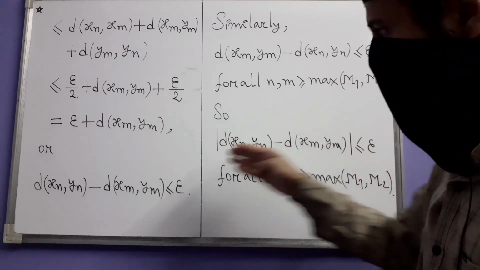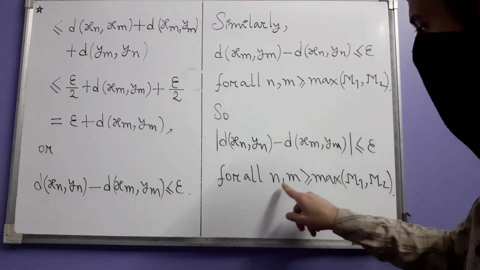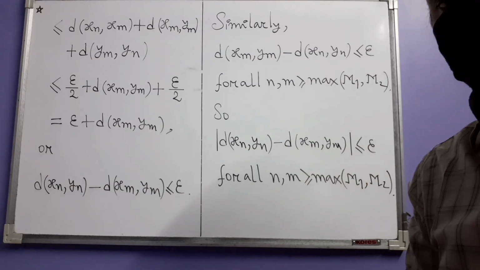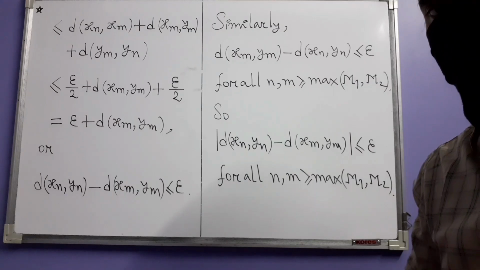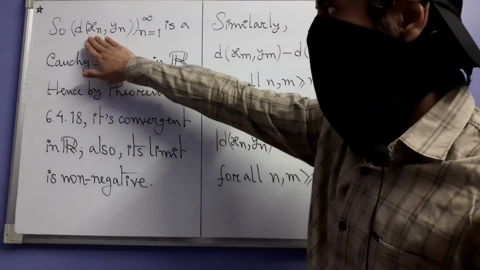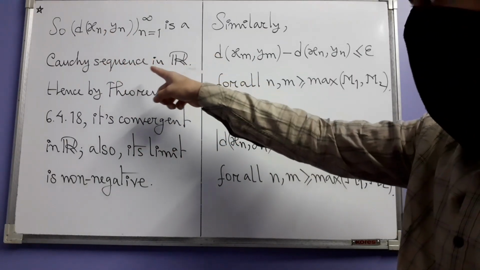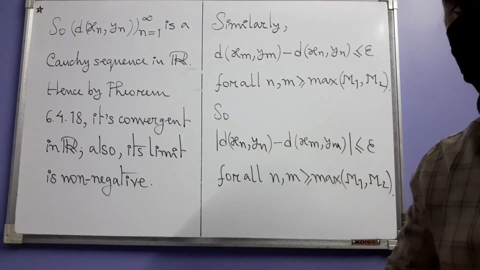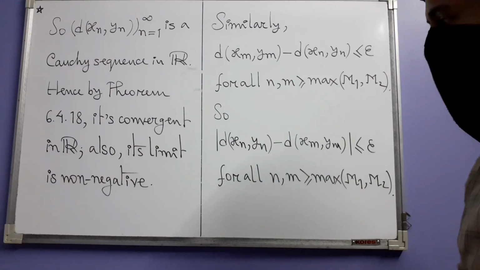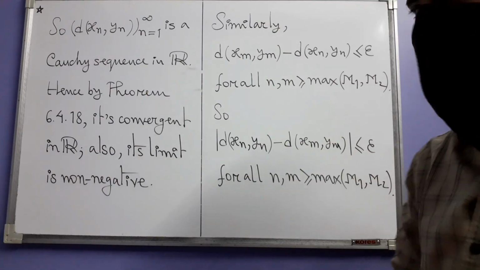So the absolute value of this difference is also less than or equal to epsilon for all n and m greater than or equal to this max value. But then what does that mean? It just means that this sequence d(xn, yn) of real numbers is a Cauchy sequence in R, because this condition tells us exactly that.